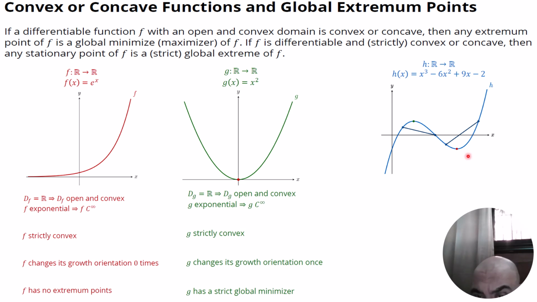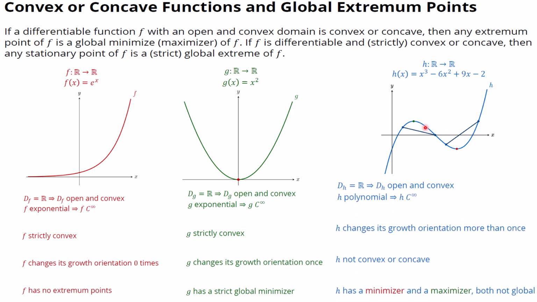You will have a local maximum and a local minimum, but not globally, because the domain of this function is not restricted. So it will increase to infinity. So you have only a local minimum and a local maximum, but not globally.